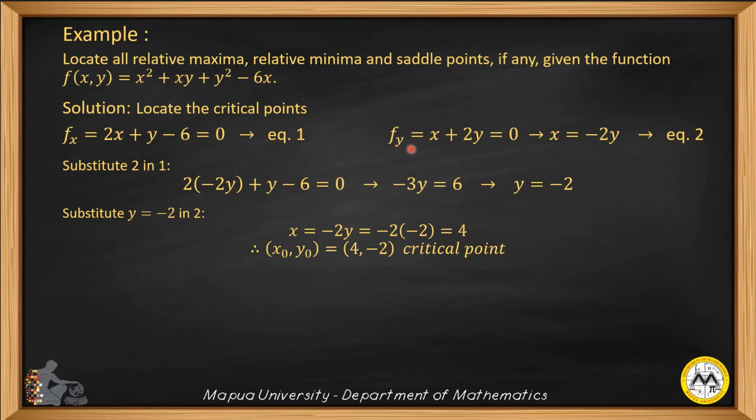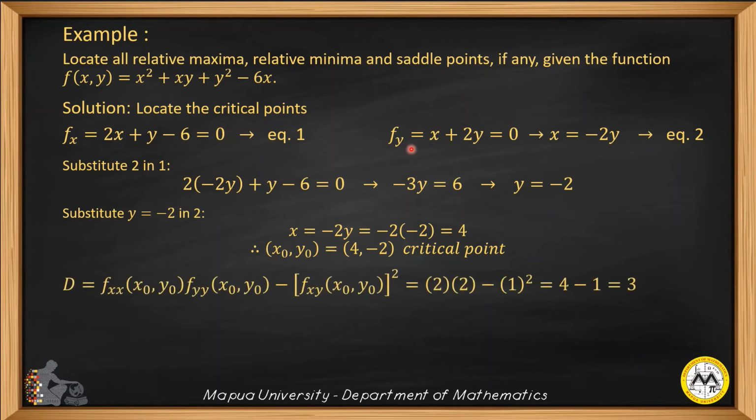Now the next step is to determine whether this point is a maximum point, a minimum point, or a saddle point. So we test for optimality using the second partials test. Here we need the second partial derivative of f twice with respect to x, the second partial derivative of f twice with respect to y, and the second mixed partial derivative of f, all evaluated at the critical point (4, -2).